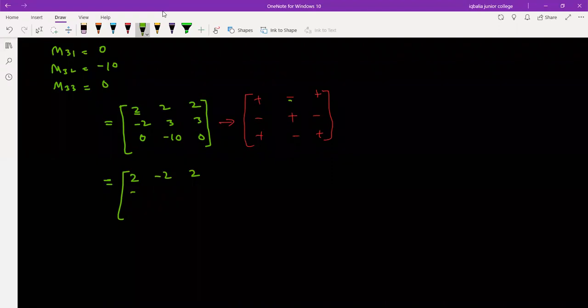Minus minus will be positive, so it will be 2. Then again 3, and here plus and minus, so it will be minus 3, then it's 0, then here minus and here I have a minus, so minus into minus 10, and here 0. So see here, this matrix is converted into cofactors. This is the matrix of cofactors.